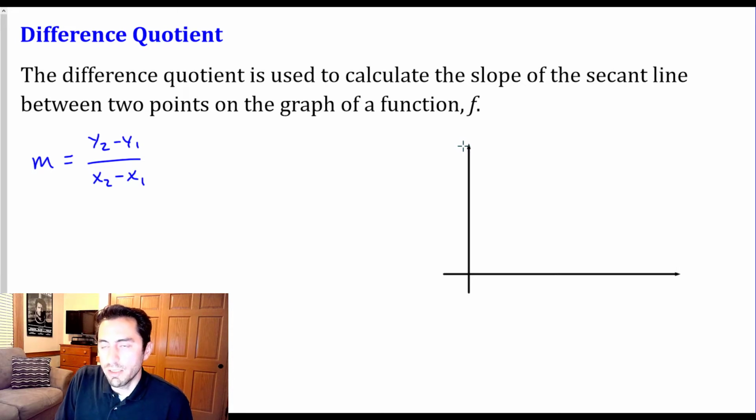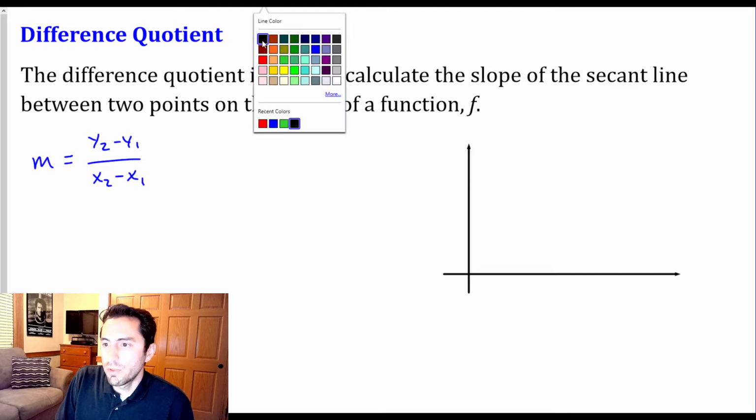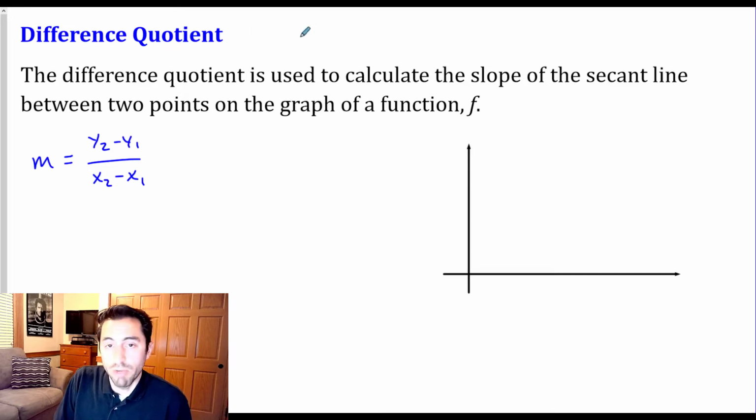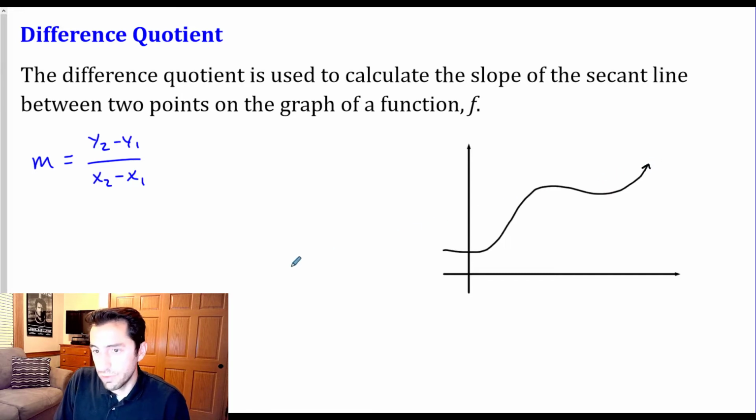So this idea is really important. Now, when we found slope in the past, using our slope formula, we used just regular lines. Okay, but now that we're dealing with a curve, it's not as easy to find the slope for the entire thing. So that's where the difference quotient comes in.